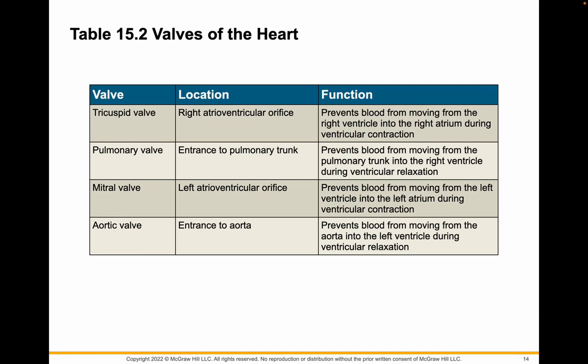The pulmonary valve is what leads to the pulmonary circuit. The mitral valve, also called bicuspid, is on the left side of the atrioventricular, between the atrium and the ventricle.